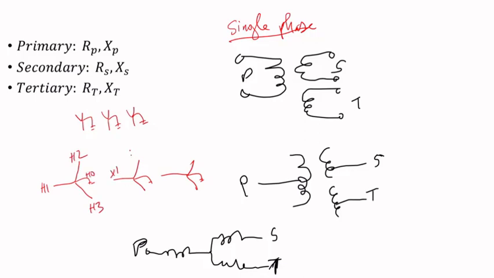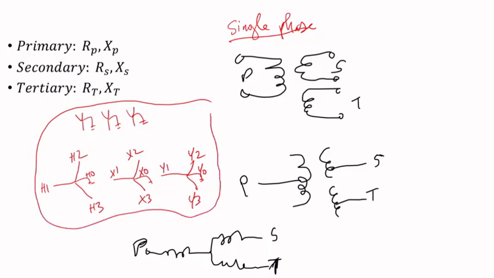Secondary would be X1, X2, X3, X0. Then tertiary would be Y1, Y2, Y3, for instance, and Y0. This is just an example, so this is three phase.